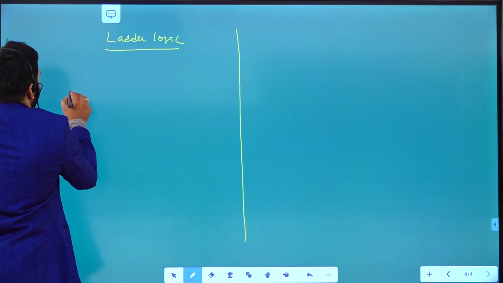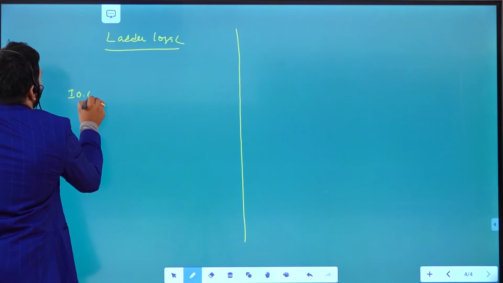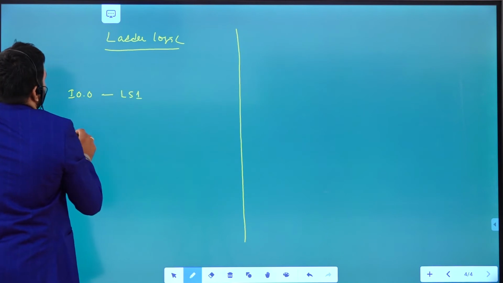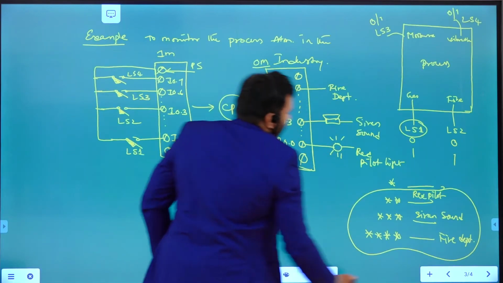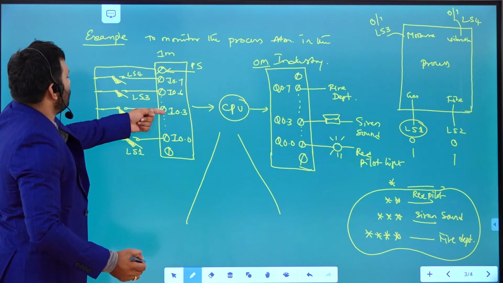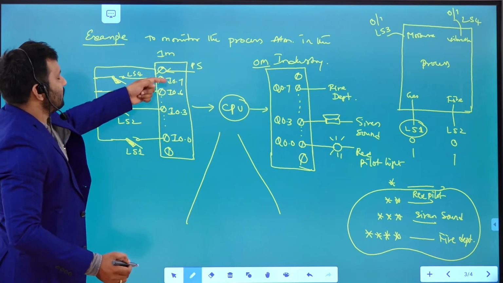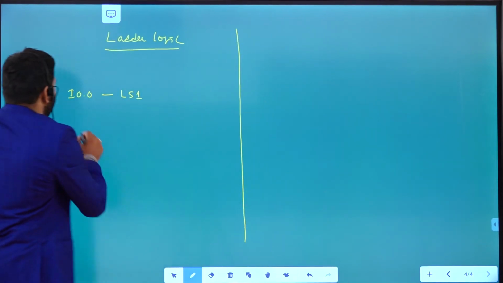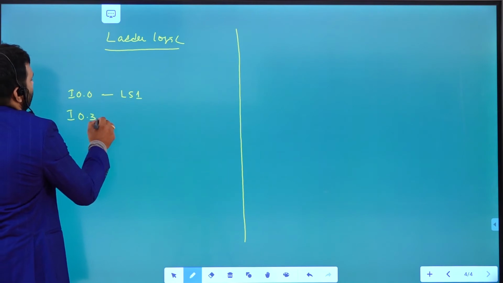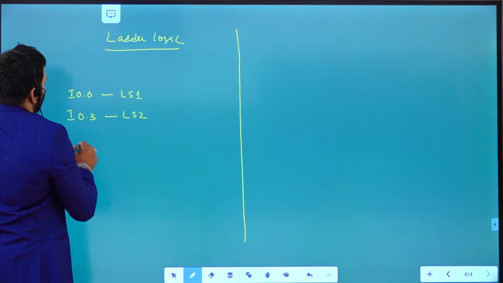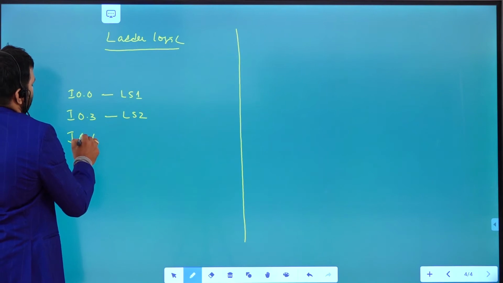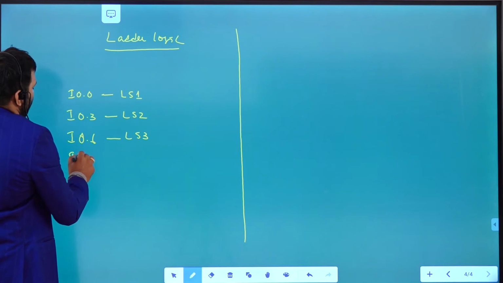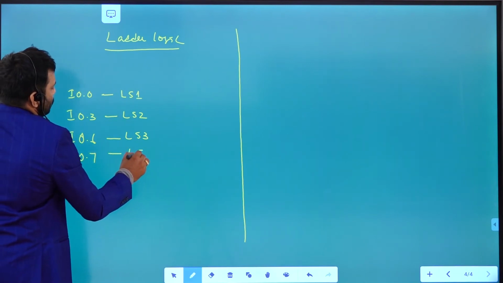How are we going to connect it? For I 0.0, limit switch 1, right. Then I 0.3 limit switch 2, I 0.6 and I 0.7 limit switch 3 and 4, right. I 0.3 is the limit switch 2, I 0.6 limit switch 3, I 0.7 limit switch 4, right.